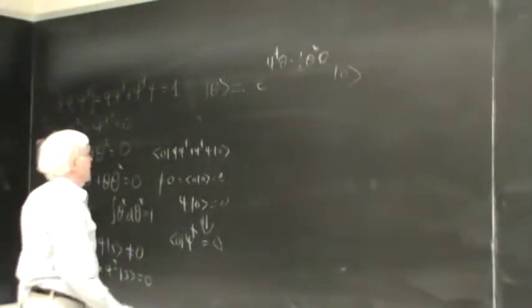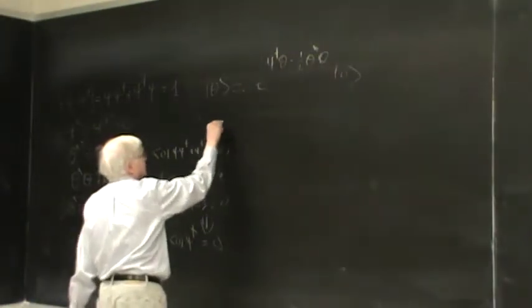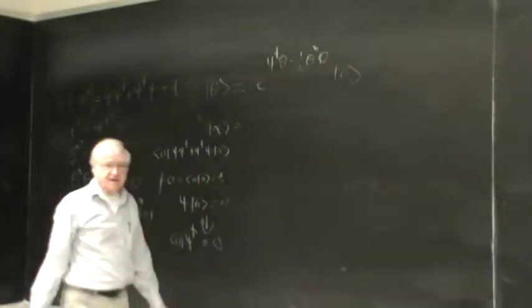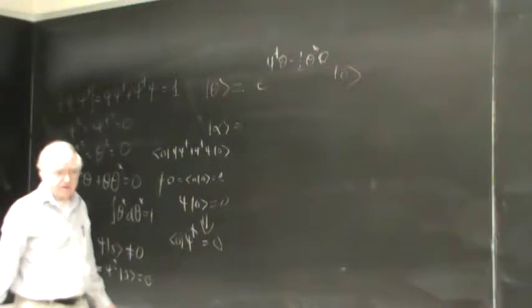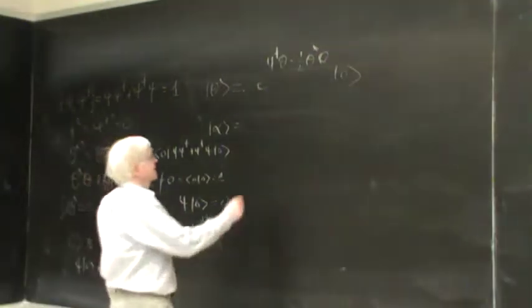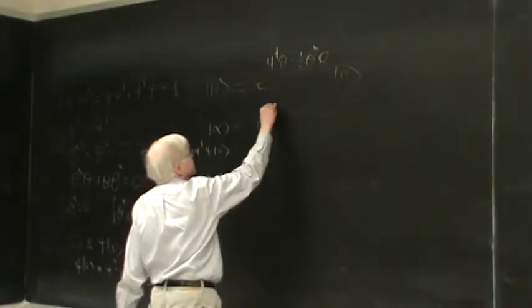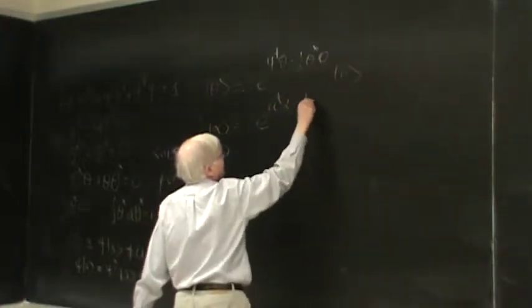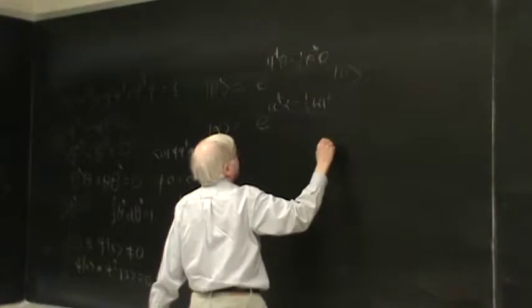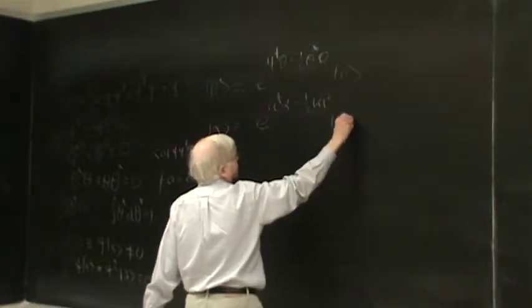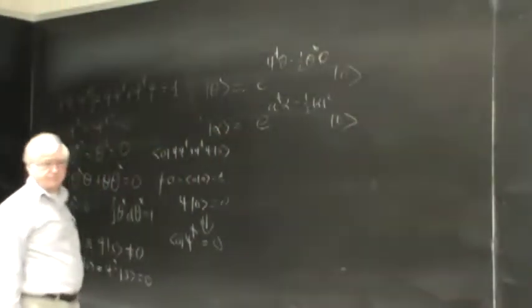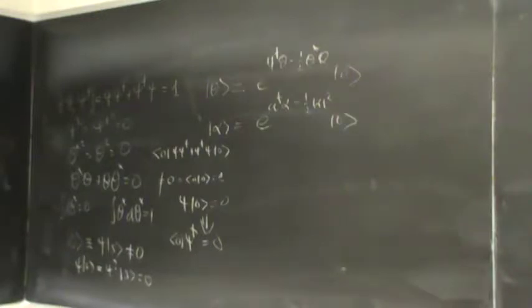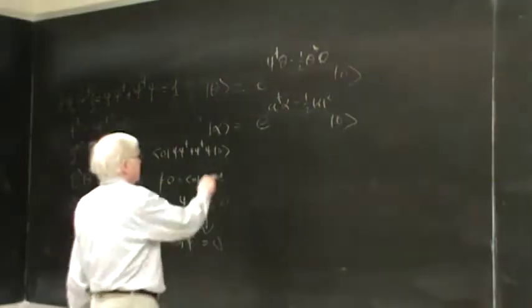And while I'm at it, I might as well define the coherent state for a single harmonic oscillator. This would be e to the a dagger alpha minus a half alpha squared on the ground state. Okay. So that's the coherent state alpha.